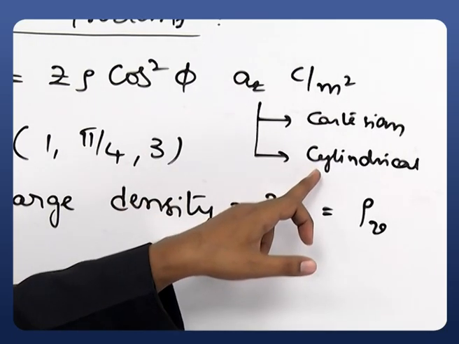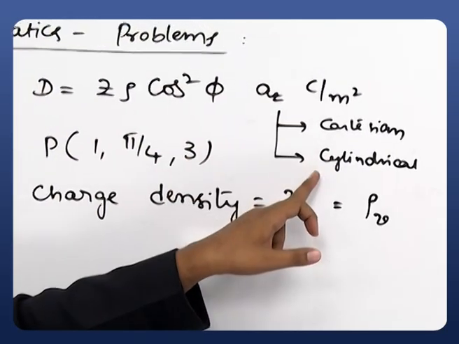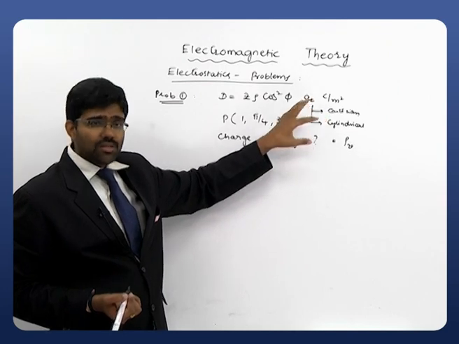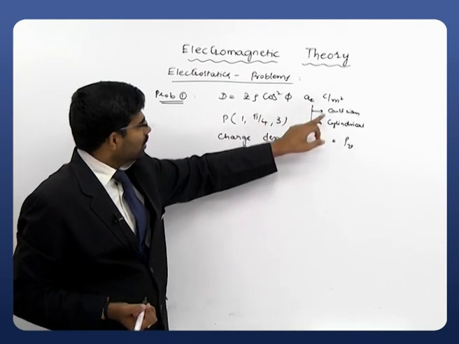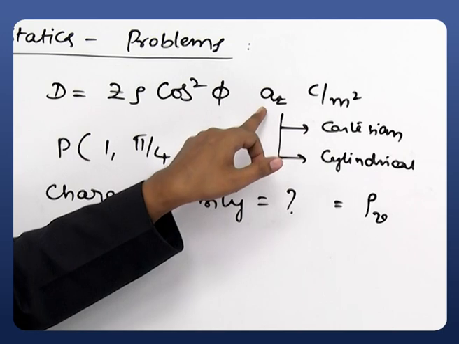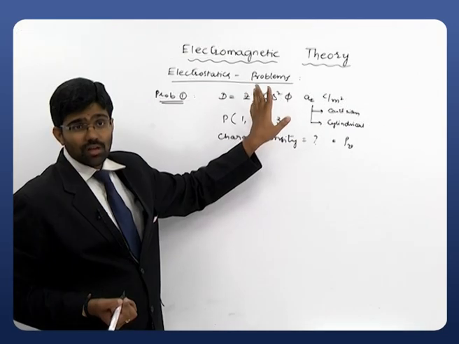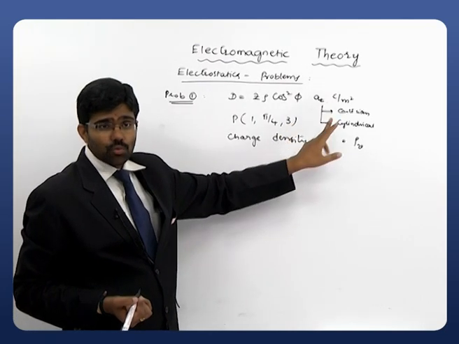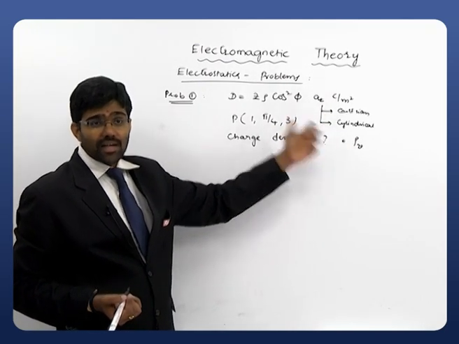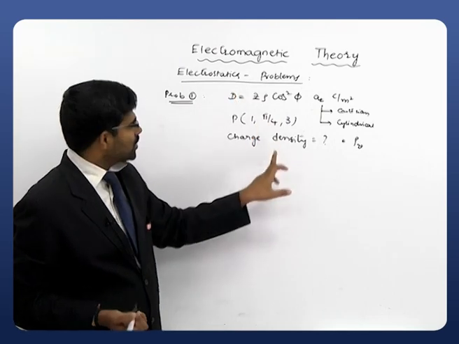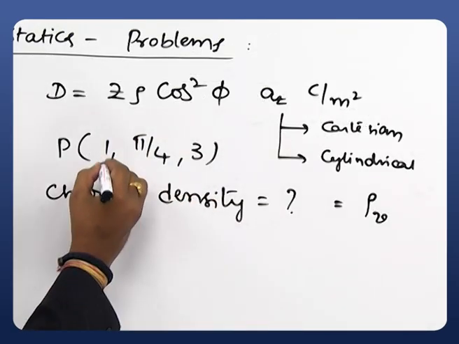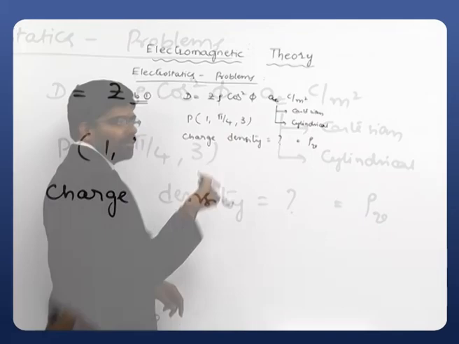So we are supposed to take these two coordinate systems only, and we will examine a little bit later which one applies. Now among these two, which one is most suitable, or exactly in which it is given? Just observe the point. The point has 1, pi by 4, 3.